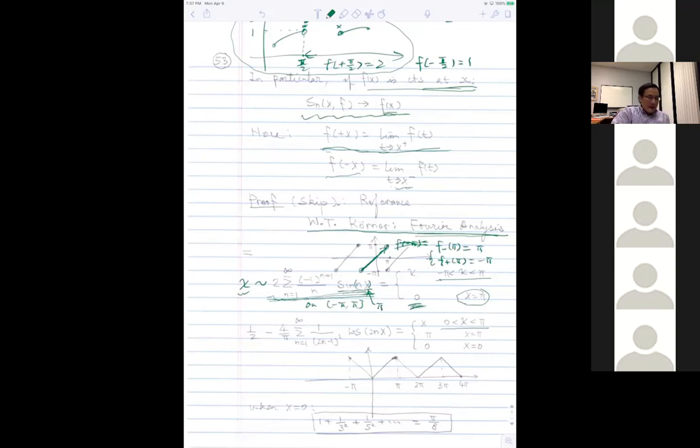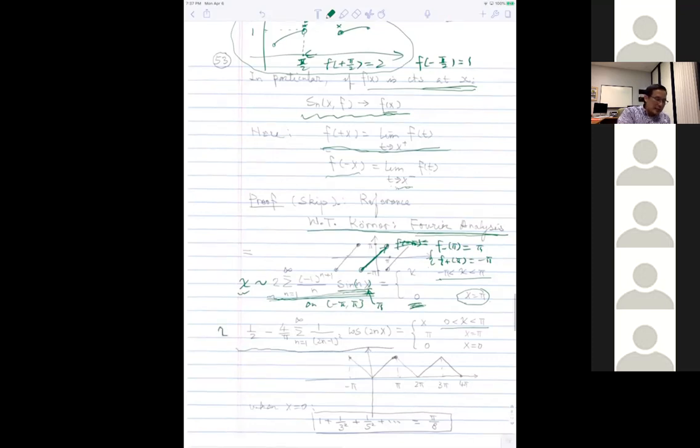Now, if you look at the Fourier series of the cosine function, I mean of x, this is x extended as a Fourier series from 0 to pi.